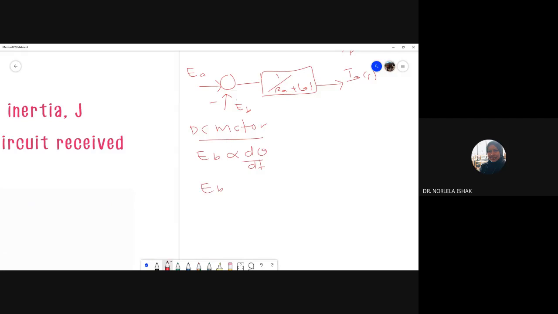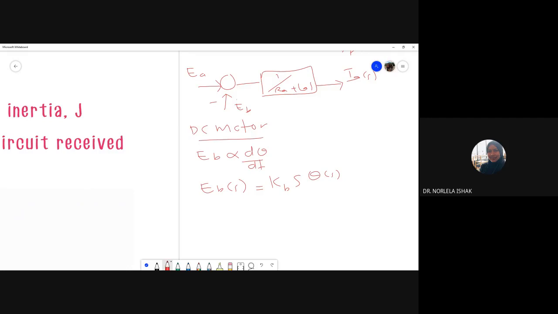You can get EB equal d theta over dt, and then we get the one coefficient. We label it with the back EMF constant KB, and with inverse Laplace you can get KB S theta S. Okay, this is for back EMF.